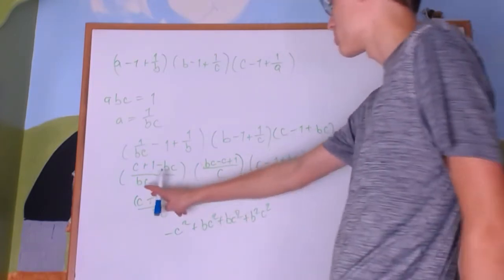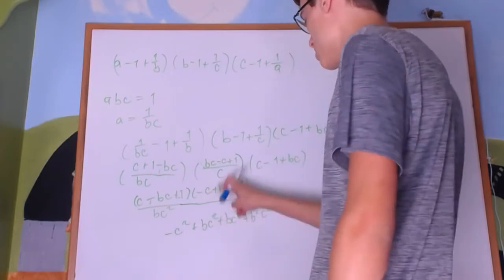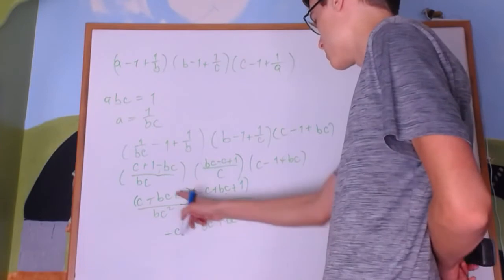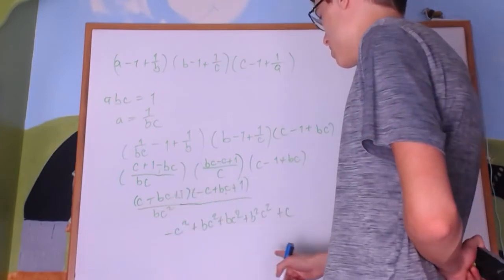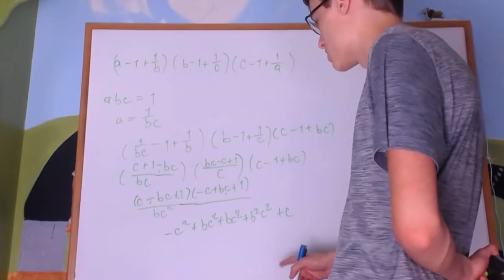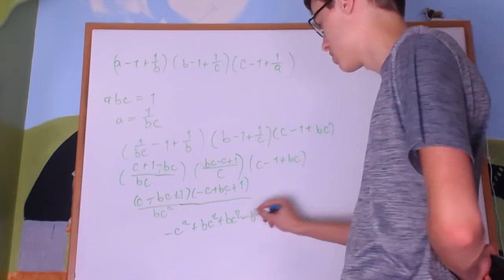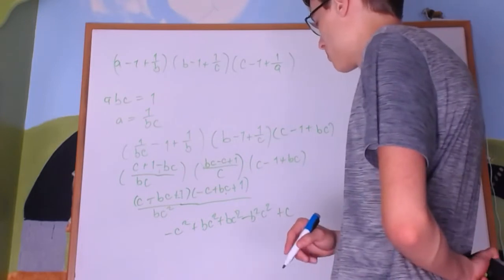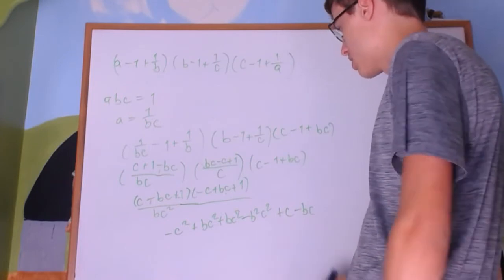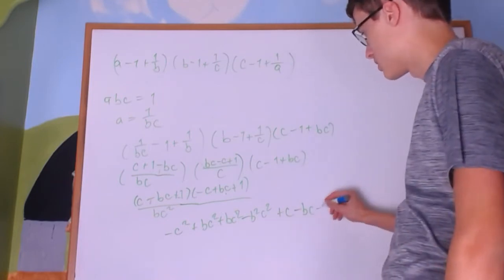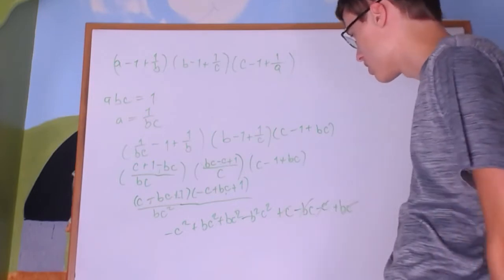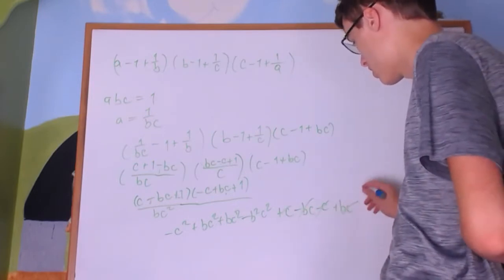Alright, let's go through it term by term. Minus C plus C, plus BC squared, minus B squared C squared, minus BC overall, and then minus C plus BC, bang, bang, bang, bang, plus 1 out the other end.